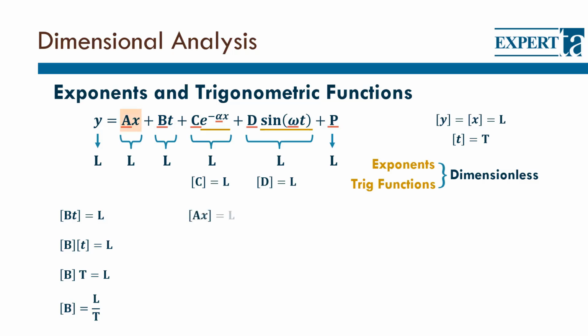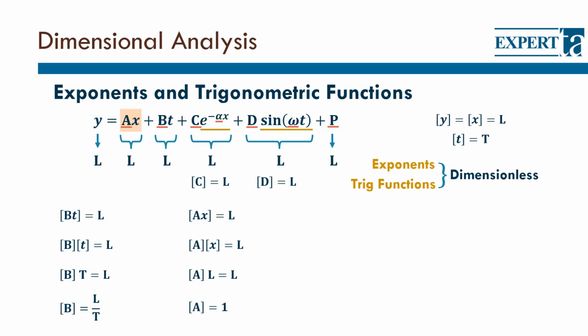Again, the dimension of ax is L, which means the dimension of a times the dimension of x is L. The dimension of x is given to be L, so the dimension of a times L is L, which means a is dimensionless, which means the dimension is 1.